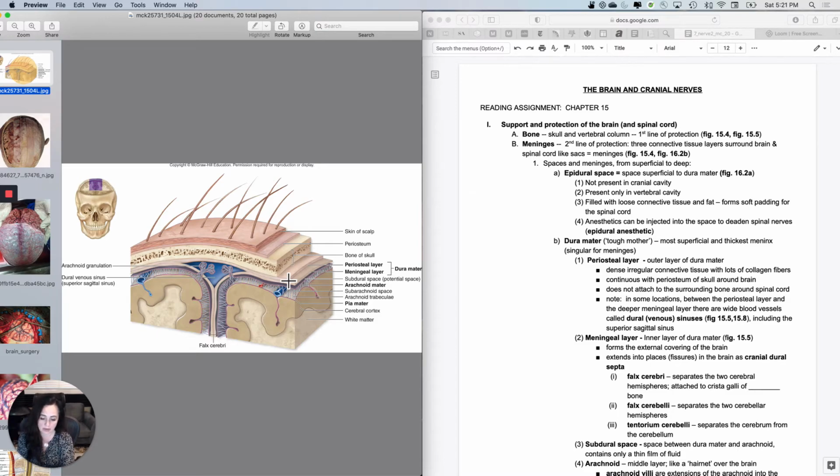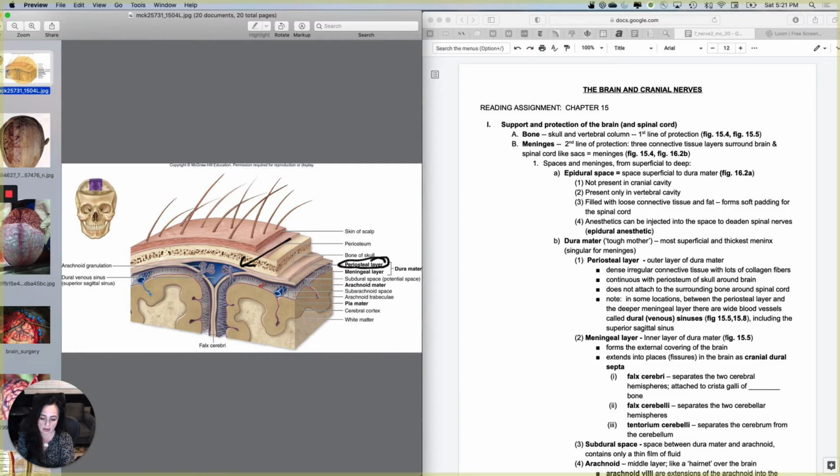The first layer is right here, and it's continuous with the periosteum of the bone, and it's called the periosteal layer of the dura mater. That's why you don't have an epidural space, by the way, because there's really no space between the periosteal layer of the dura mater and the actual bone.